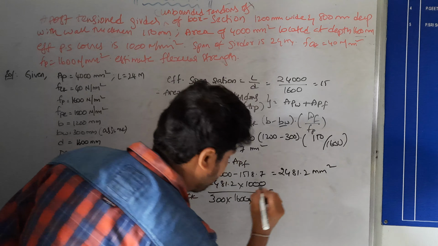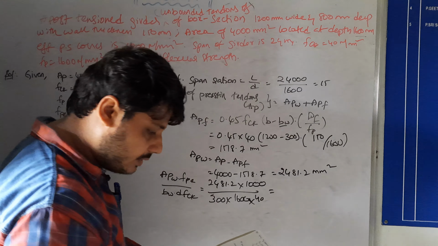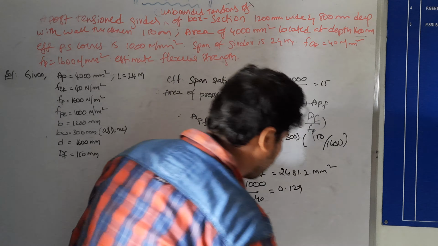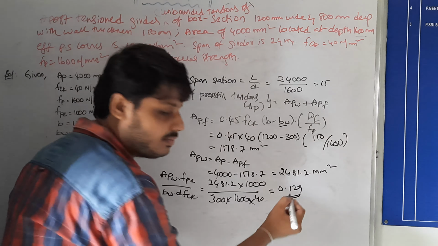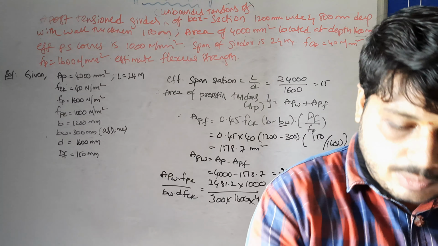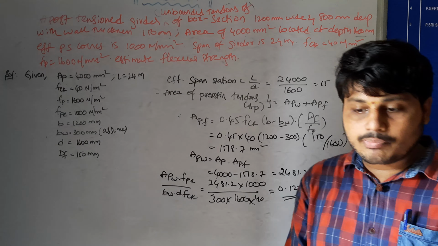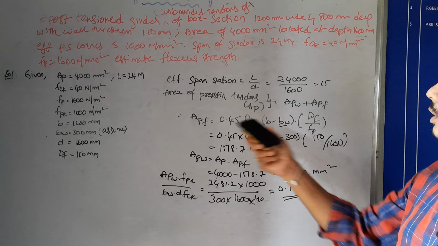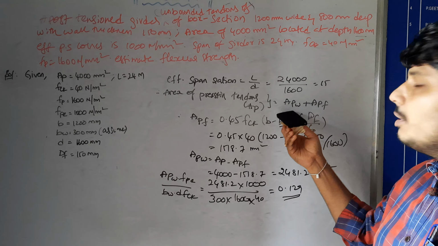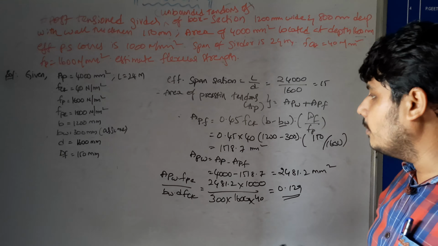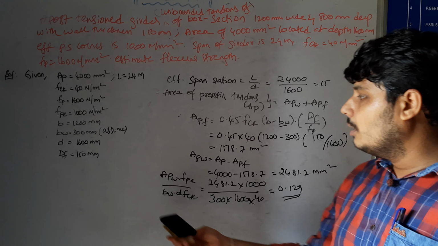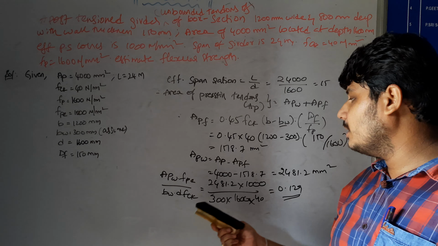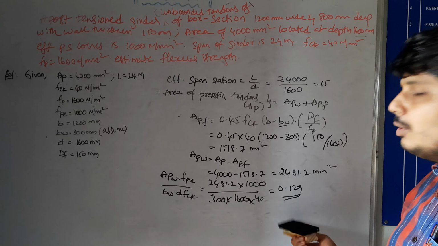By solving this we get the value of 0.123. For this value we have to calculate the FPU and FP. Please remember the effective span ratio, and area of pre-stressing tendons AP is equal to APW plus APF.